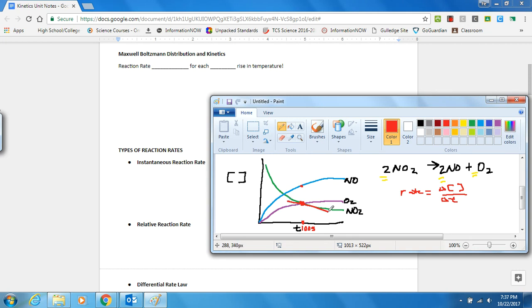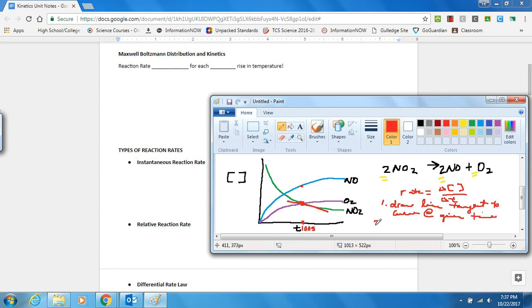That should be the closest that I can technically draw to a line tangent to that curve. So that is your first thing to do when you're looking for instantaneous rate: you draw a line tangent to the curve at the given time.